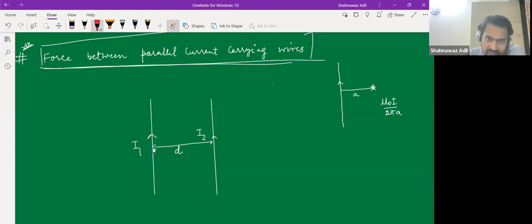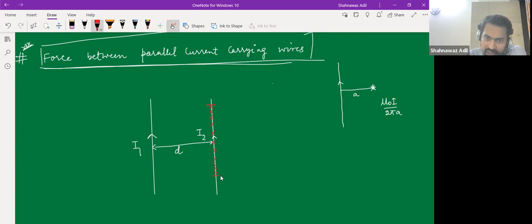So at this point, this current carrying wire will have some magnetic field. So it will have this magnetic field at each point. Let me write that.